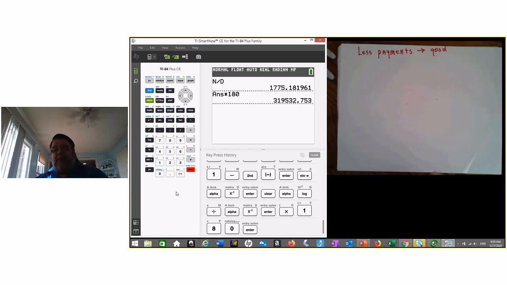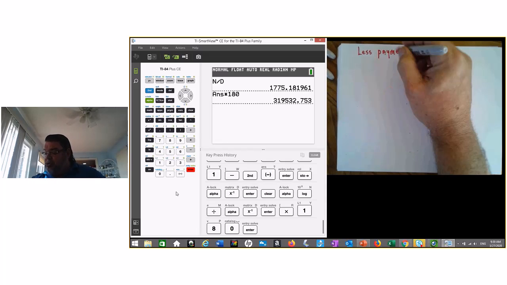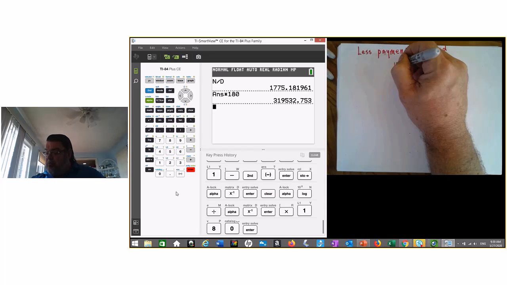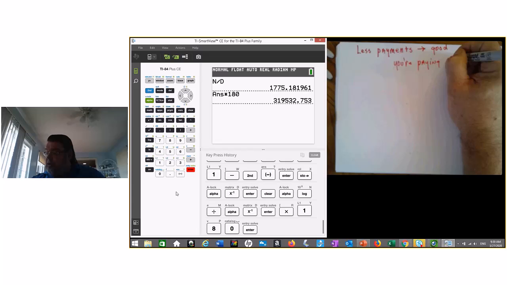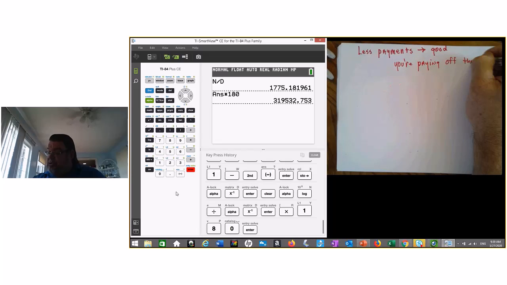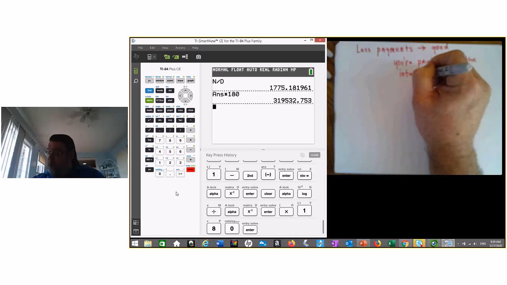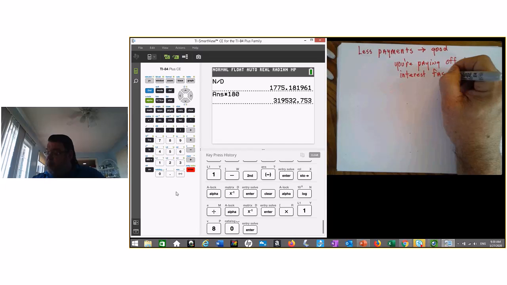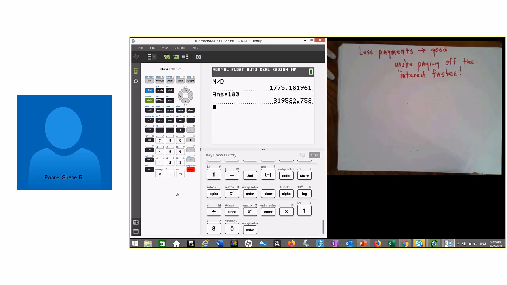The monthly payment may be higher, but the reason that less payments are good is because you're paying off the interest slower or faster? Faster.